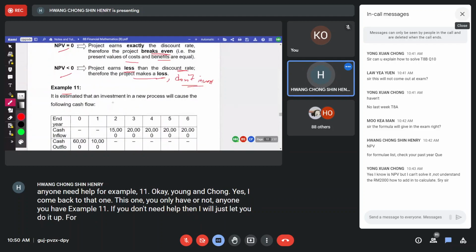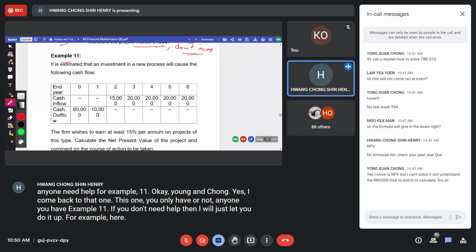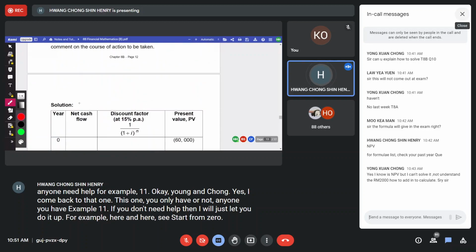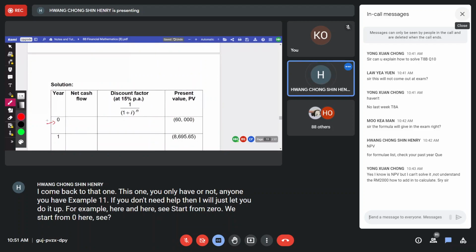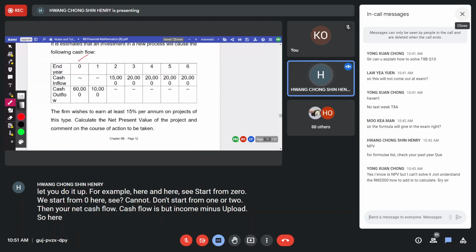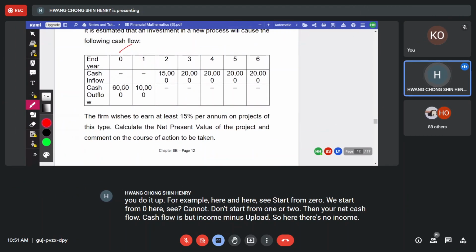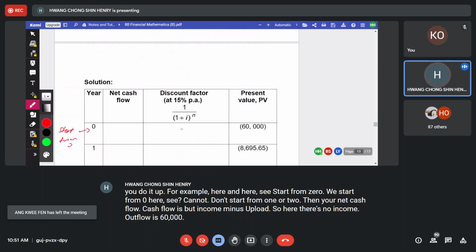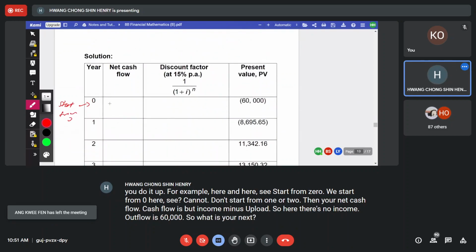For example, here, the end year starts from 0. You start from 0 here, you see? Don't start from 1 or 2. Then your net cash flow. Cash flow is what? Income minus outflow, right? Here there's no income. Outflow is 60,000. So what is your net cash? Negative 60,000.